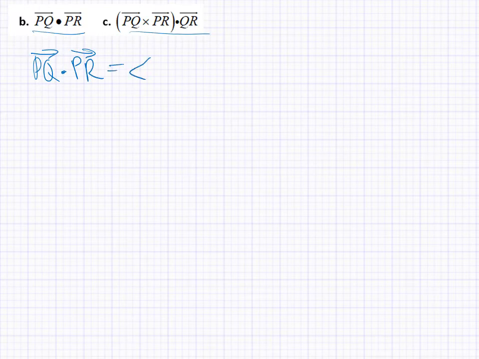Practice doing dot products and triple scalar products. Okay, so let's do dot product first. It's very simple. So if we do this dot product, PQ, which was -2, -2, 1, and we're going to dot that with PR, which was 1, -7, 3.